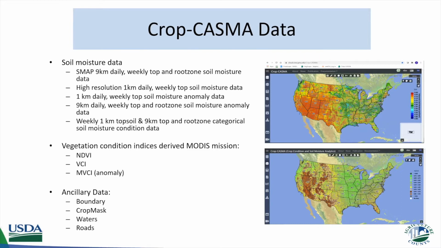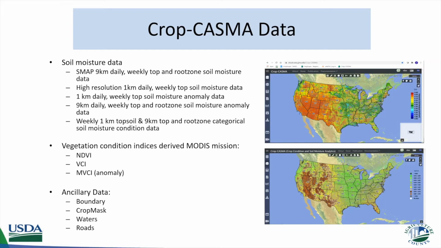Beyond that, we also derived soil moisture anomaly data based on the 6-year historical data. And we also derived the crop soil moisture condition map.